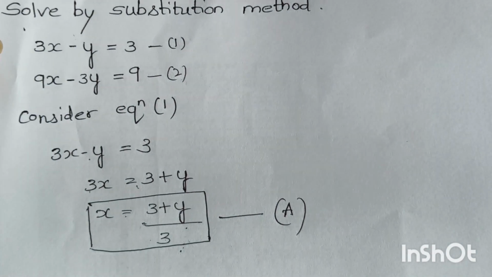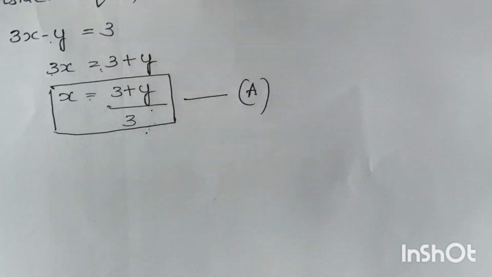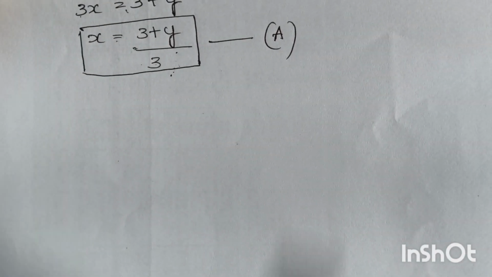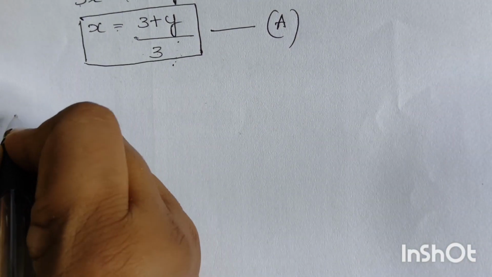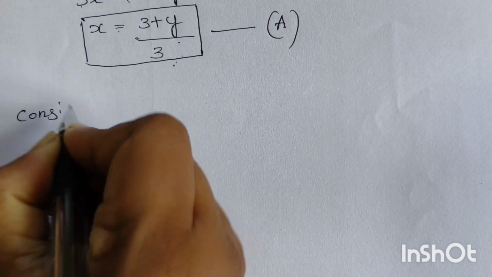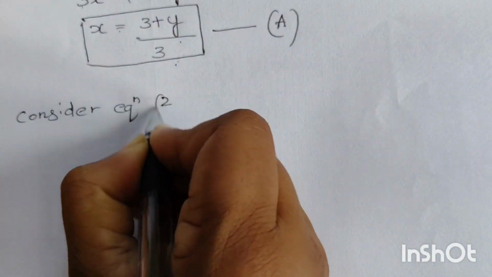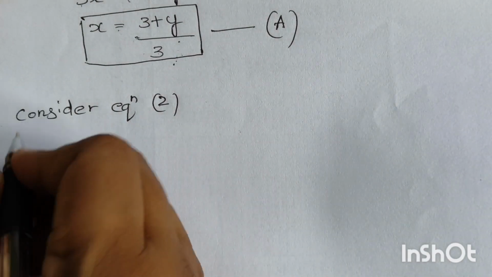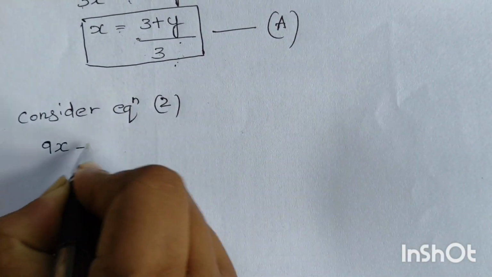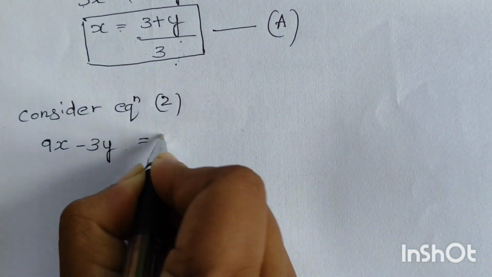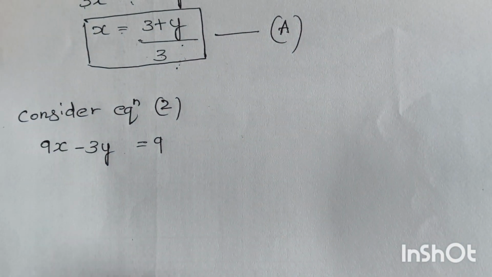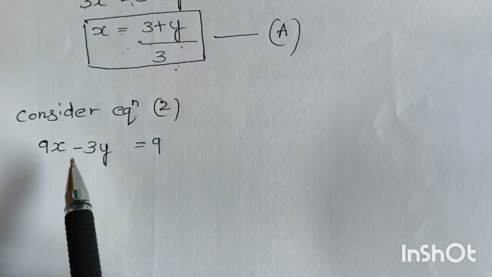So, let us consider equation 2, that is 9x minus 3y is equal to 9. Now, let us substitute the value of x in this.